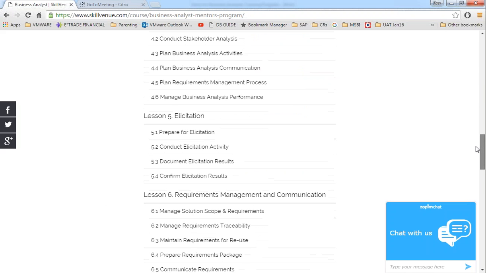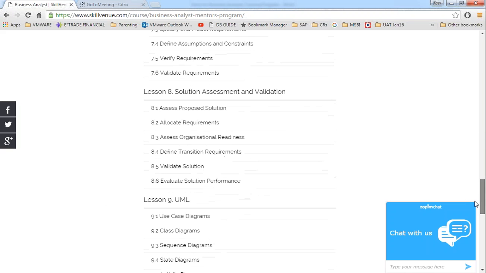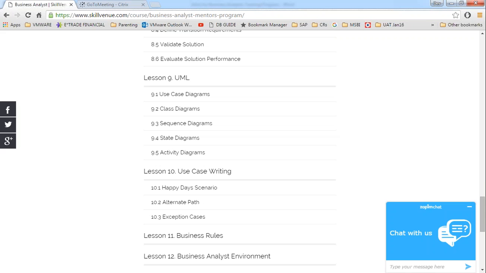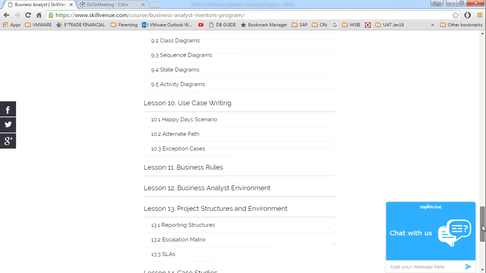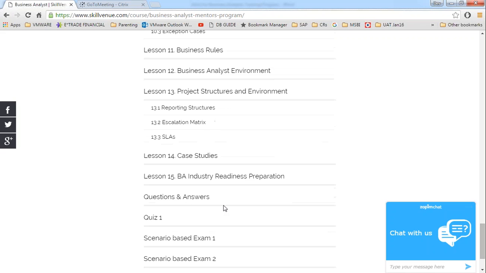There is elicitation, requirements management and communication, requirements analysis, selection assessment and validation, use case writing, business rules, business analyst environment, what it looks like, then project structures, how a project is structured right now in the IT industry. Then we'll do case studies, and then there's the industry readiness preparation. We will help you prepare for interviews, which will come when you do this course, right?